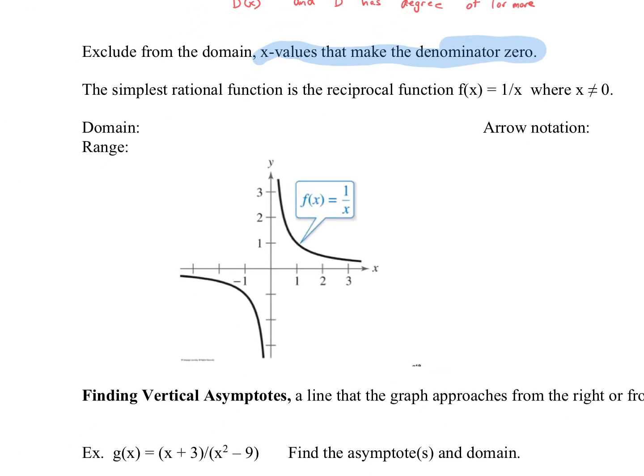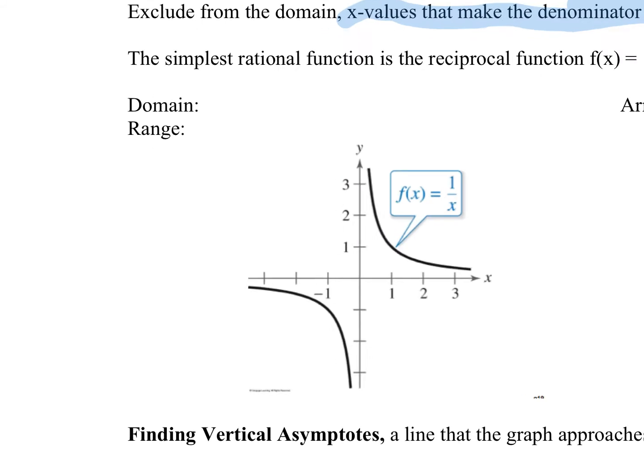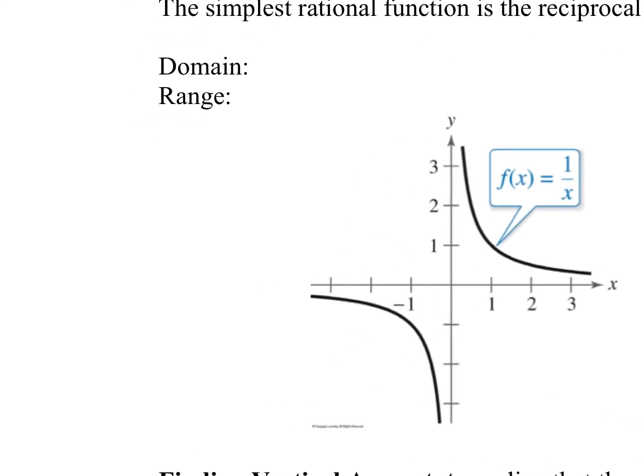The simplest rational function you can see here graphed is 1 over x, with the stipulation that x must not equal 0. You can see our graph in your notes, and what we notice is that our domain is all values except when x equals 0.